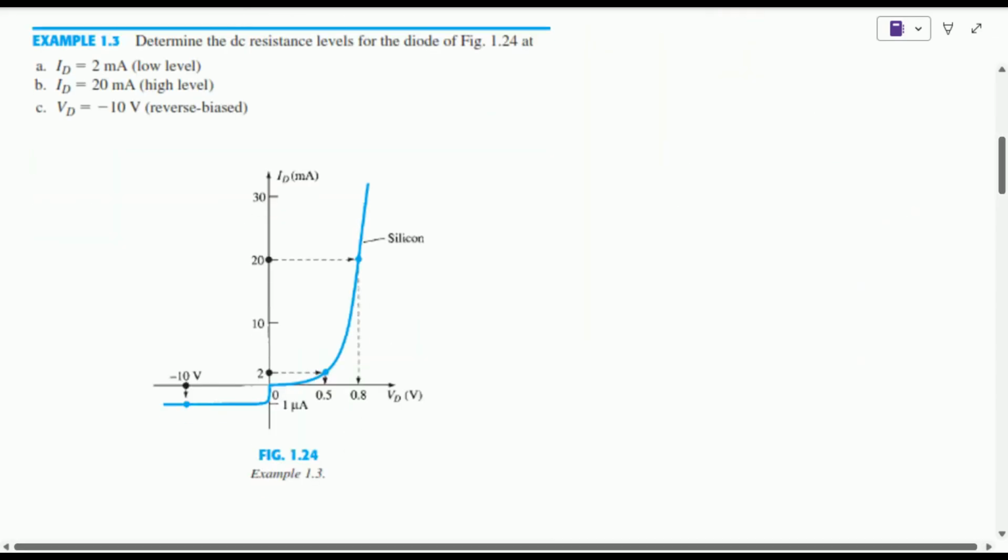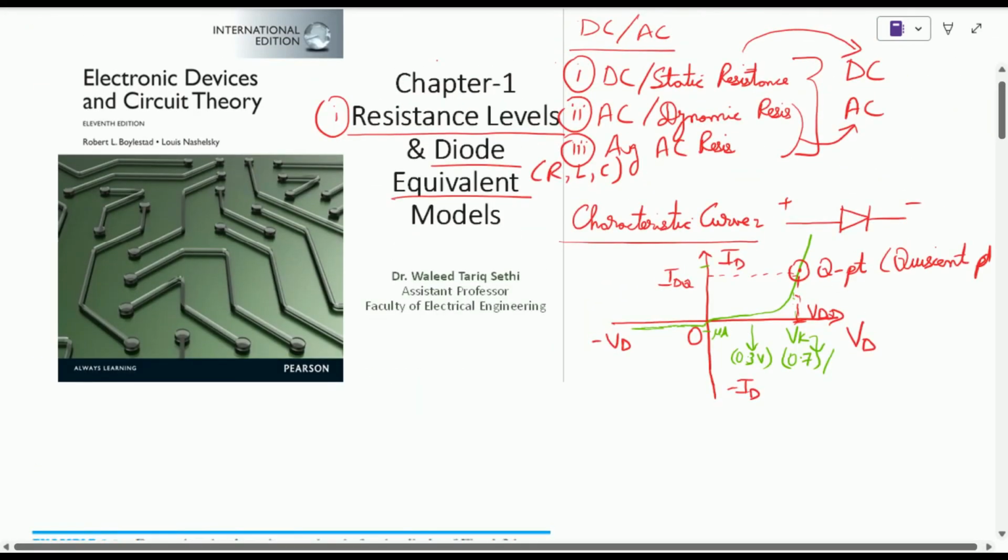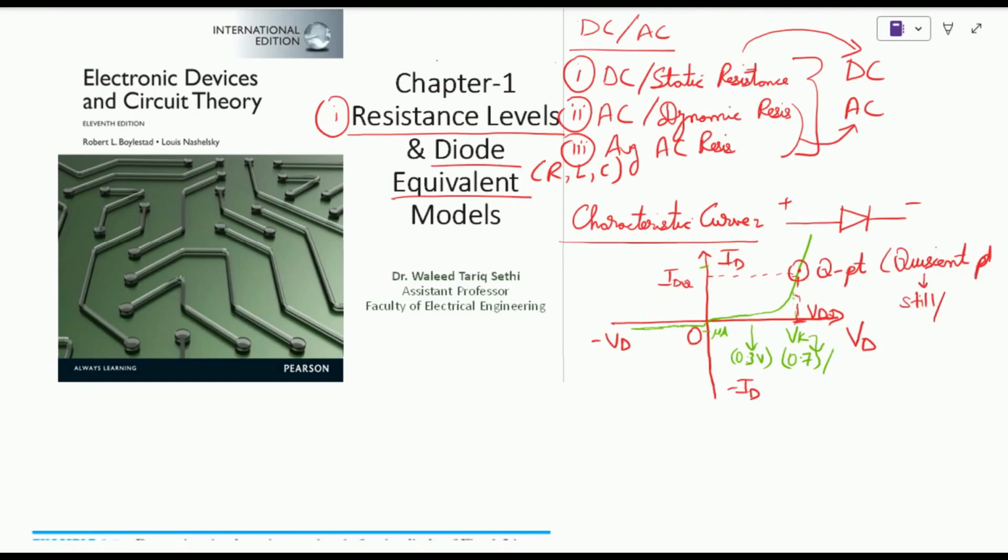Quiescent means something that is still or not changing, still or unvarying. So this is what is meant by a Q point.